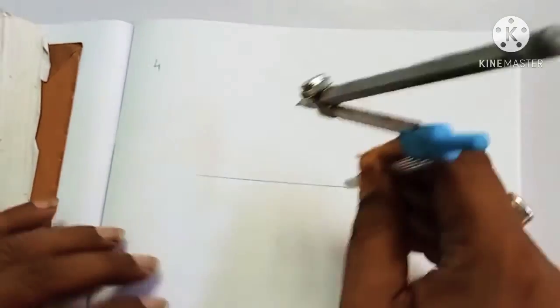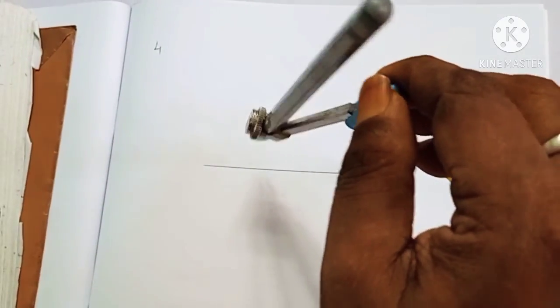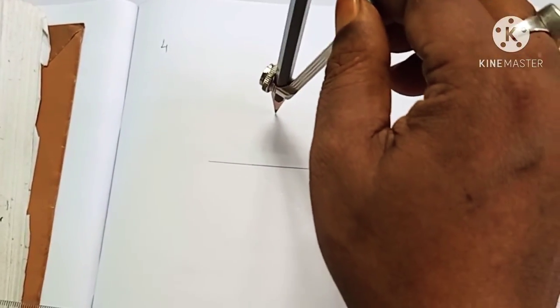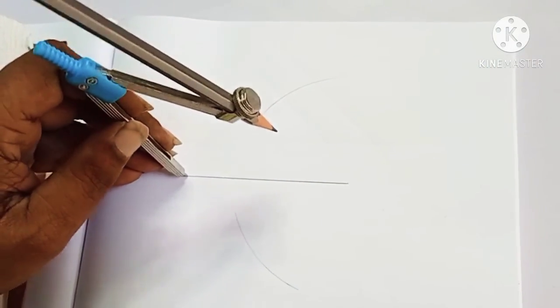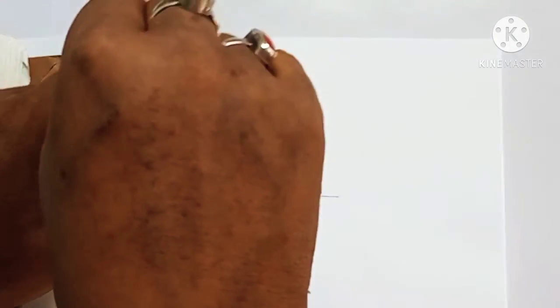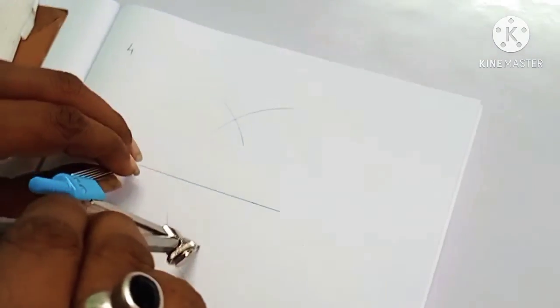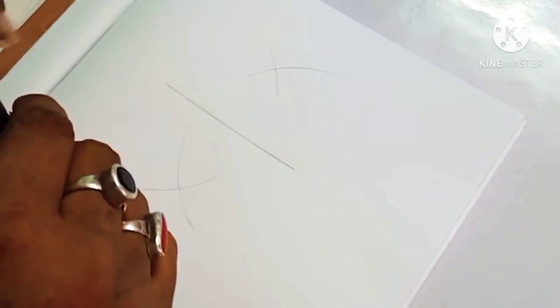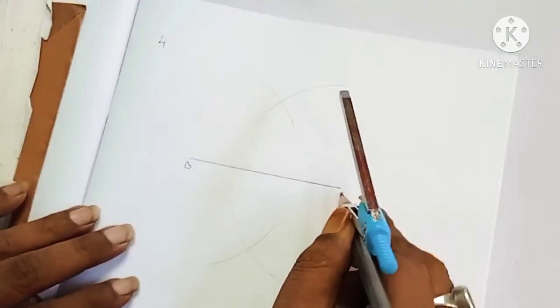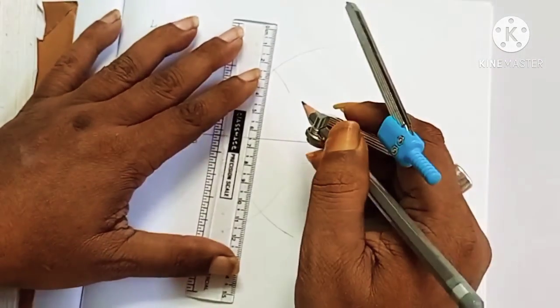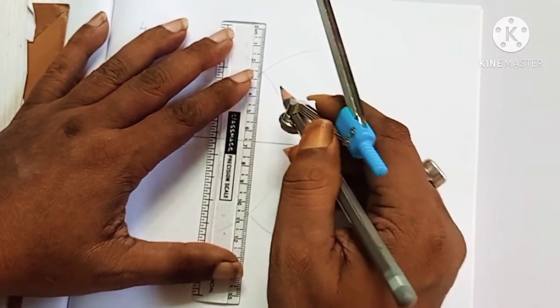Now I am going to draw the perpendicular bisector of BC.